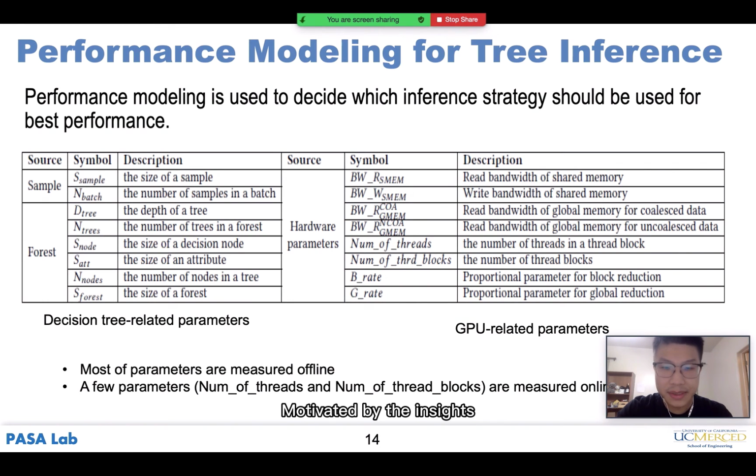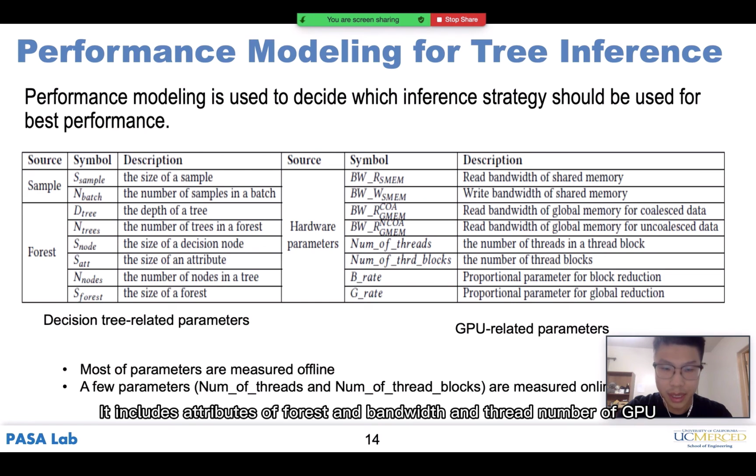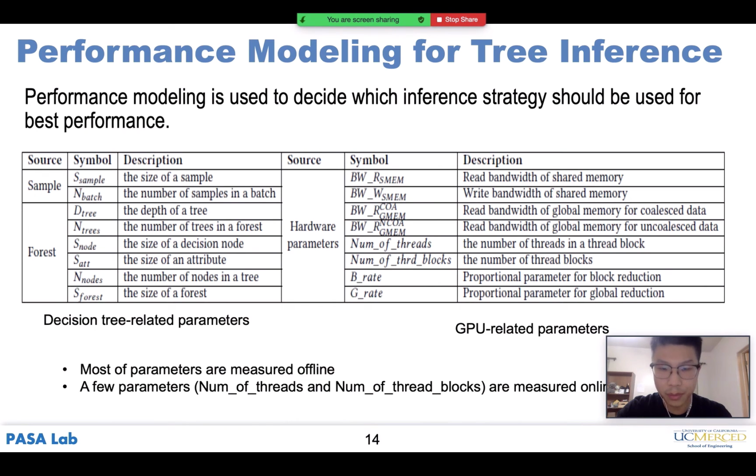Motivated by the insights, we use performance modeling to decide which inference structure should be used for best performance. The table lists the model notation we used. It includes attributes of the forest, and bandwidth and thread number of the GPU. Most of the parameters are measured offline.